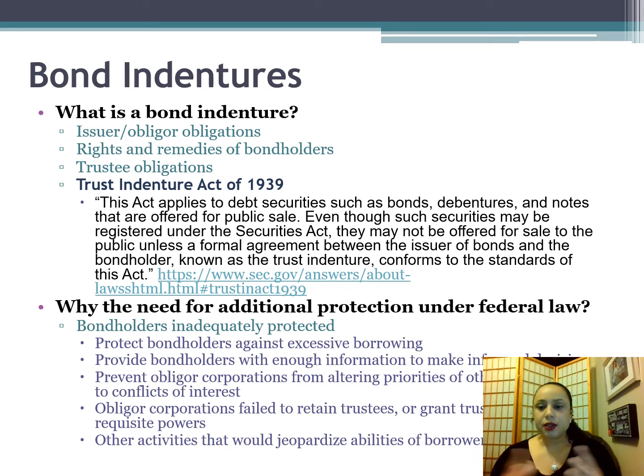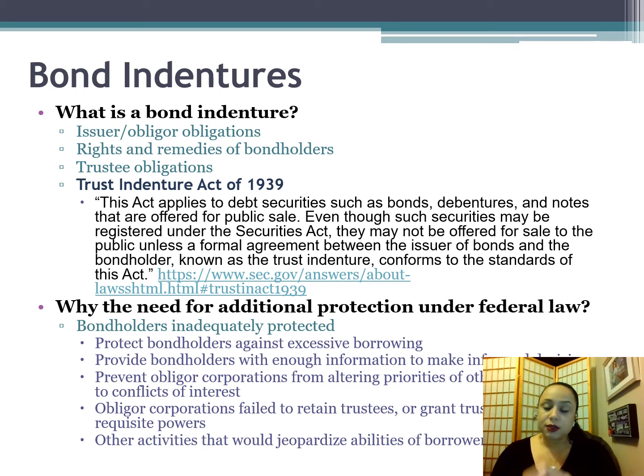And so this is where the book talks about a bond indenture. And so this is effectively a contract. It is a contract between the issuing company, the company that is in fact issuing the bonds for sale to the general public. Okay, so it's a contract between the issuer, which is often referred to as the obligor, and the trustee.